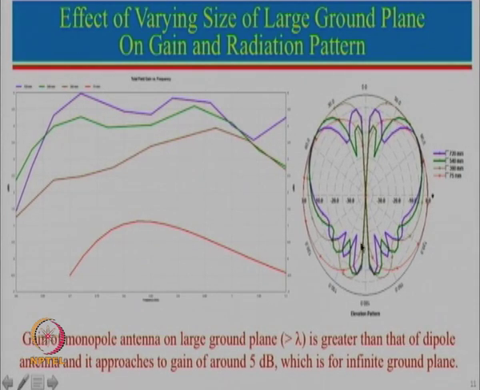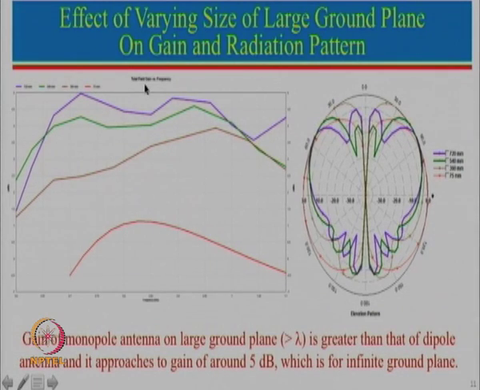For the relatively smaller ground plane, this is the radiation pattern, which is something similar to a figure of 8, but as we increase the ground plane radius, one can see that the pattern is now getting skewed up. There is relatively less radiation on the back side, and also the beam maxima is not in this direction anymore. The beam maxima is changing over here, and you can see there is a shift in the beam maxima.